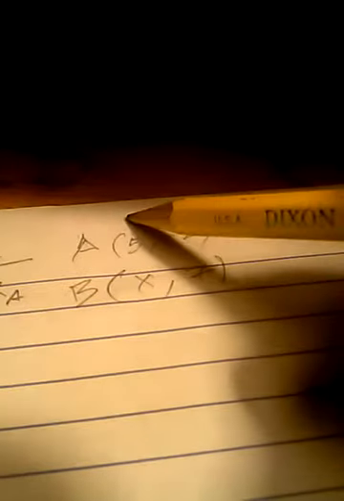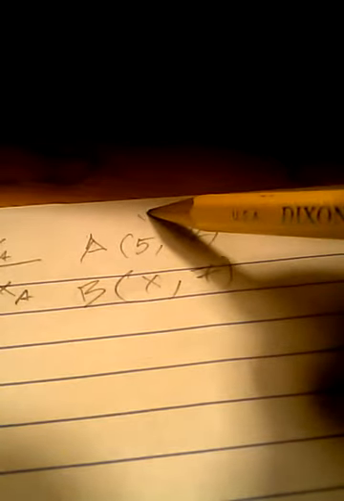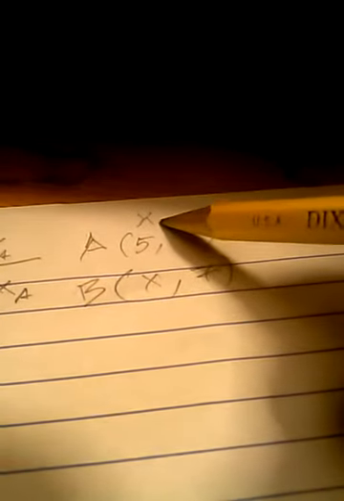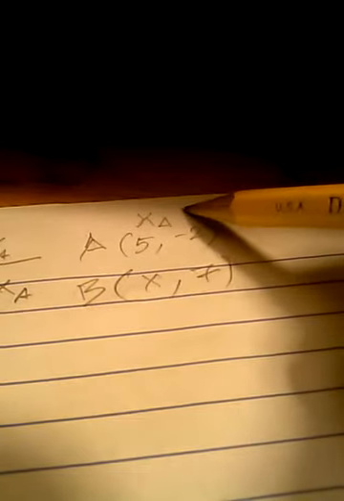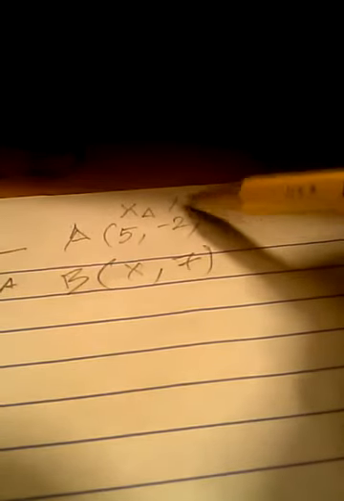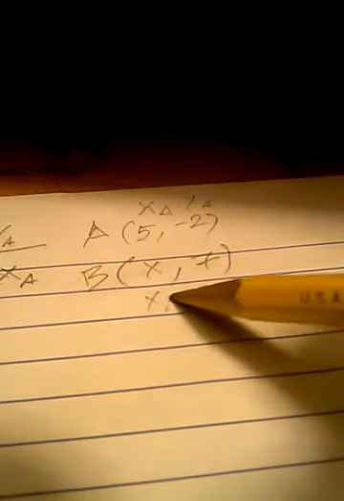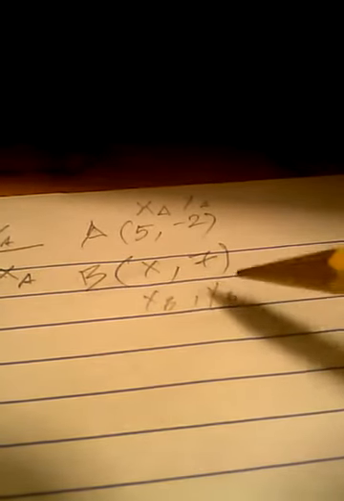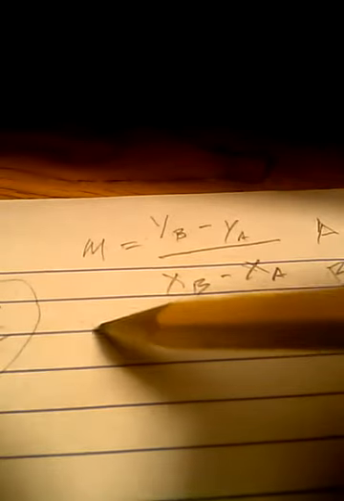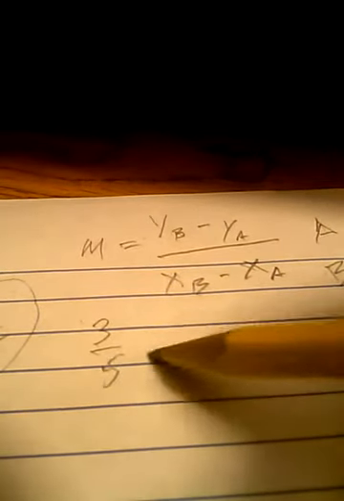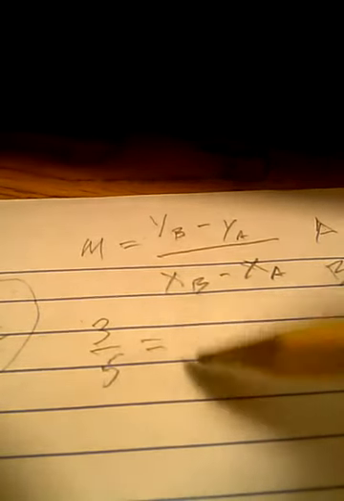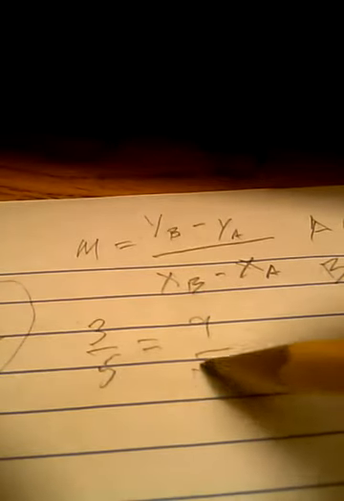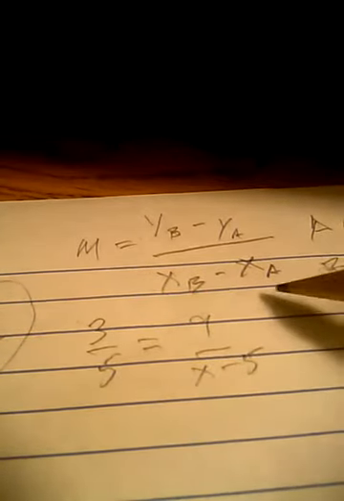So this is xa, and this is ya. This is xb, and this is yb. So all you do is take those and plug those in. You know that. So what we ended up with was 3/5 equal to 9 over x minus 5 once we did all the math.